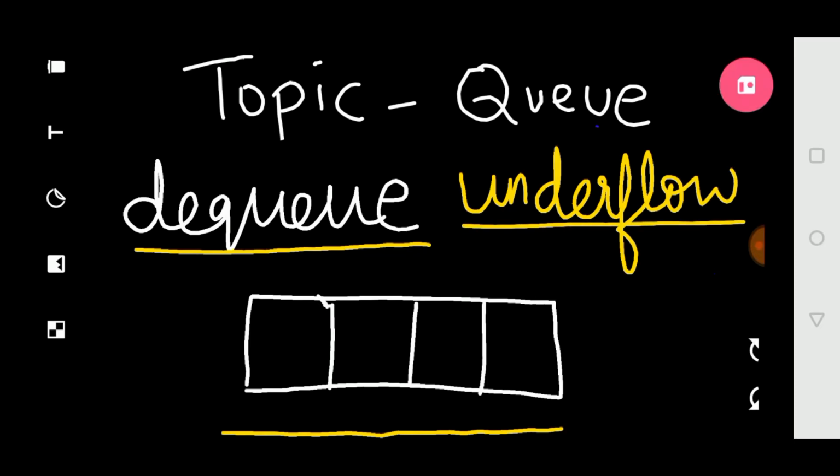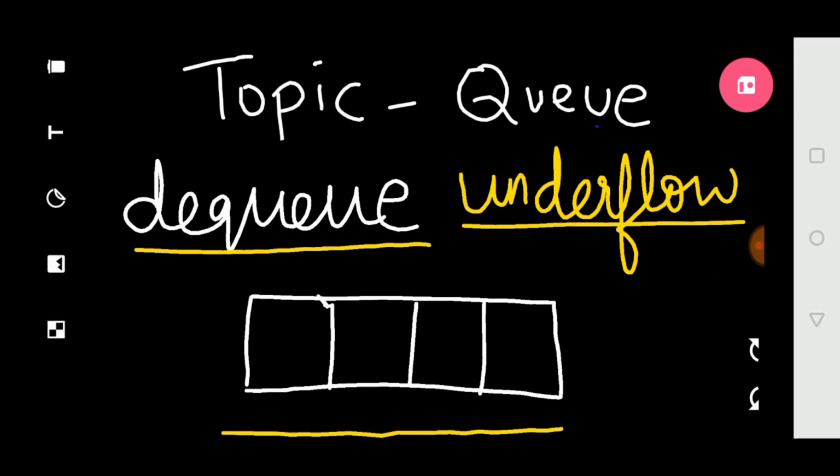Underflow error or a warning kind of a message. While programming, it will give you that the queue is empty, and first you need to add items in it, and then only dequeue can remove it. So it raises an underflow error or a warning message whenever the queue is empty and you are trying to remove elements from a queue.